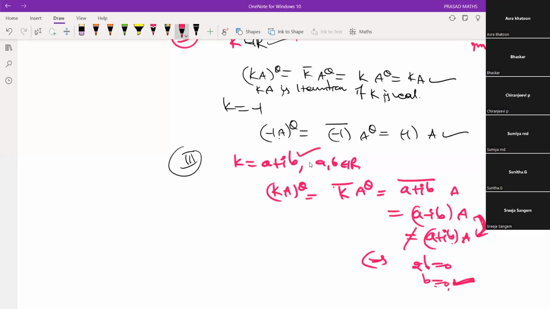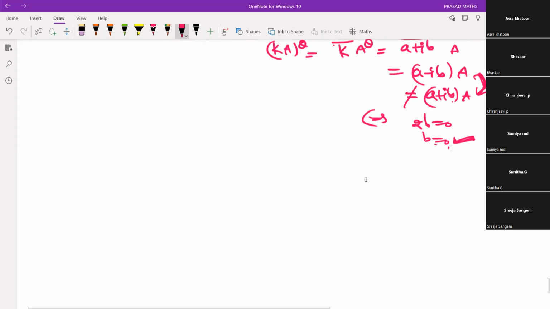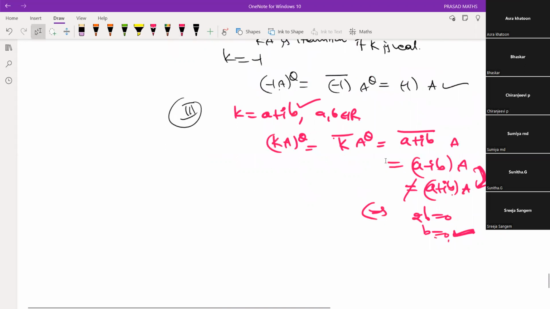Therefore, in general, K into A, whenever K is a complex number, may not be Hermitian. K into A is Hermitian whenever K is a purely real number. Is it clear?